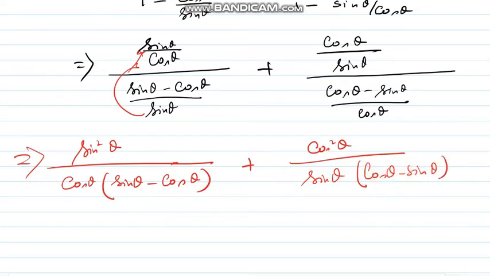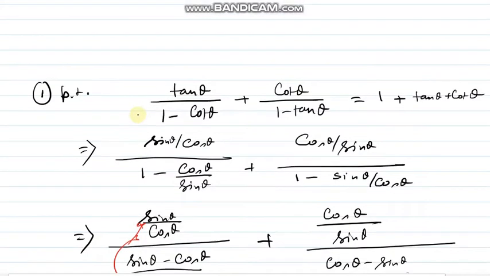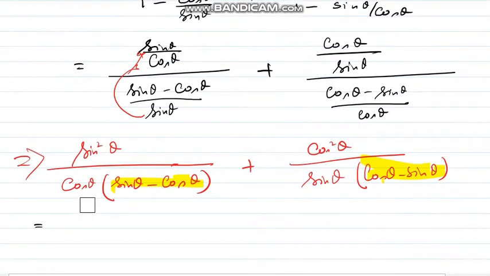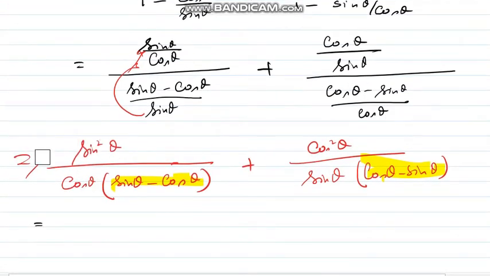Just check, over there we have sin theta minus cos theta and over there we have cos theta minus sin theta. So if I take minus common there, sorry, I should not imply the equals sign in all these cases, because I am not taking an equation, I am just simplifying.